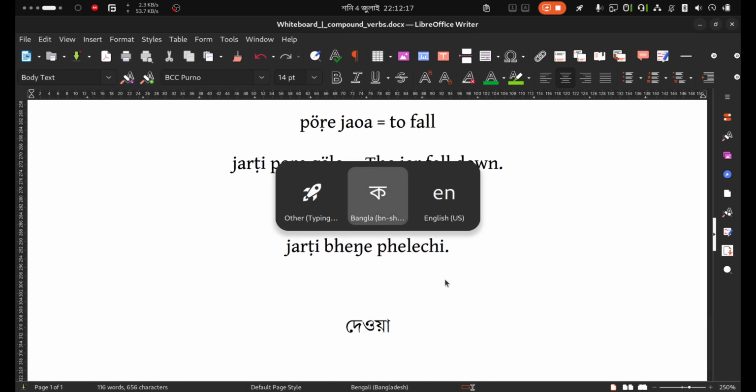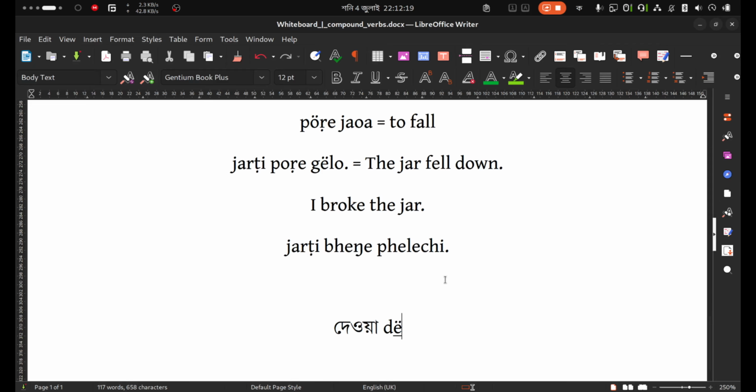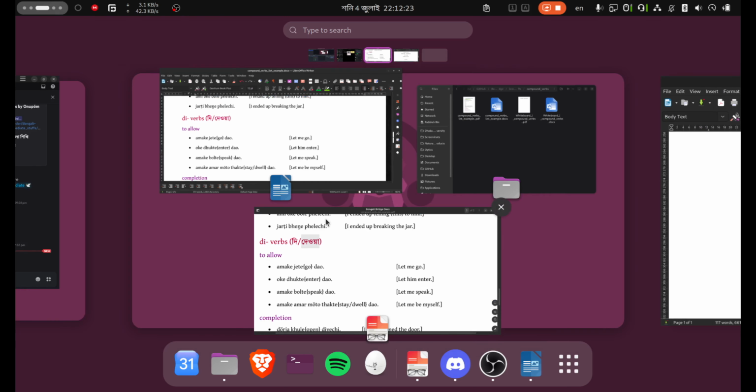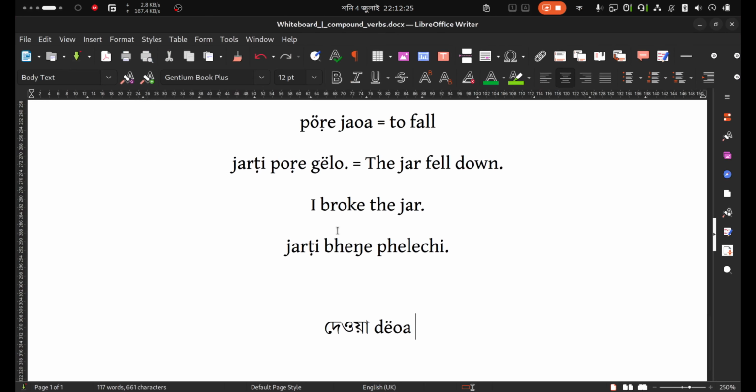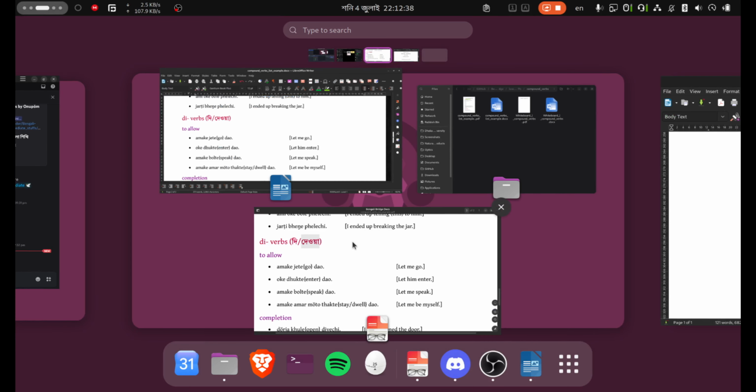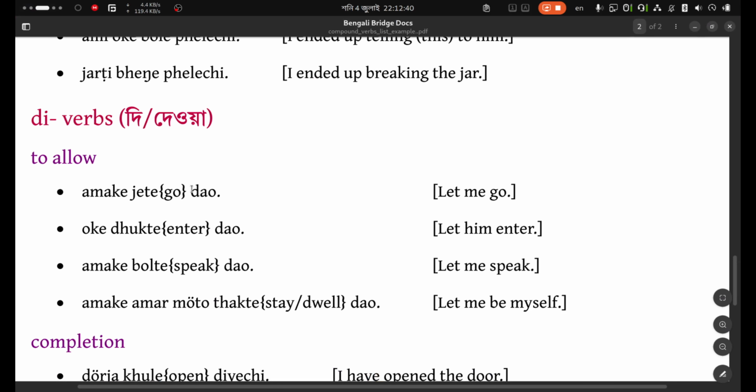Dawa means to give or to provide. And it can mean different things. It can mean various things.